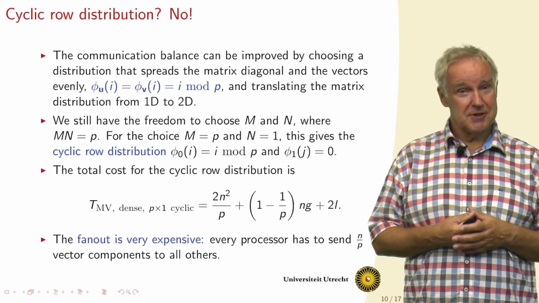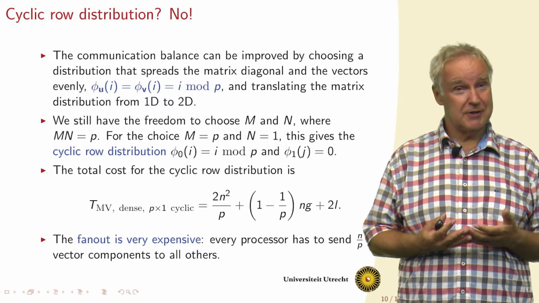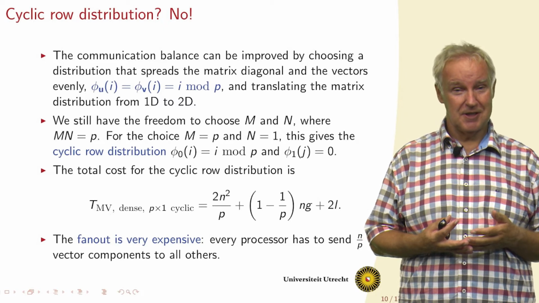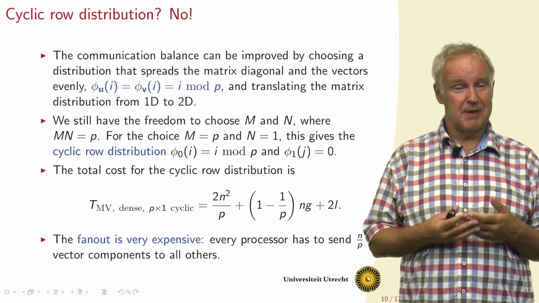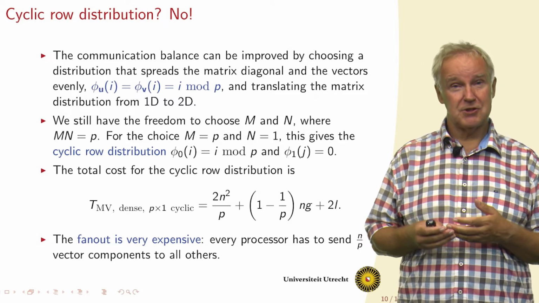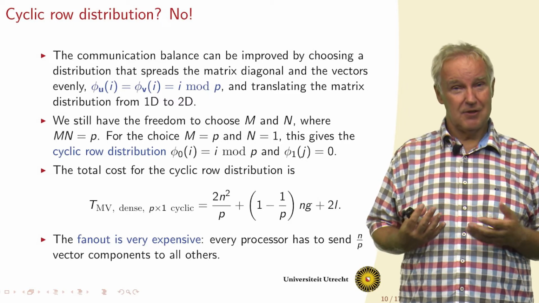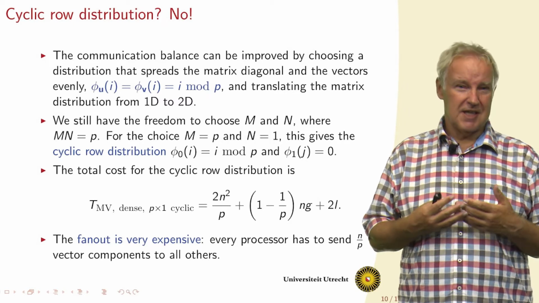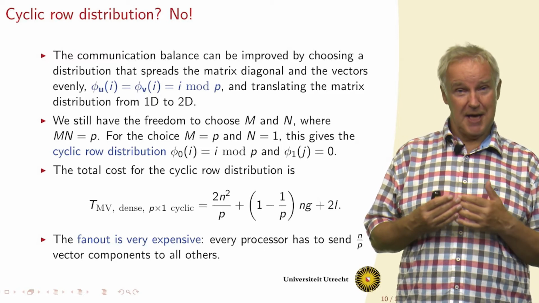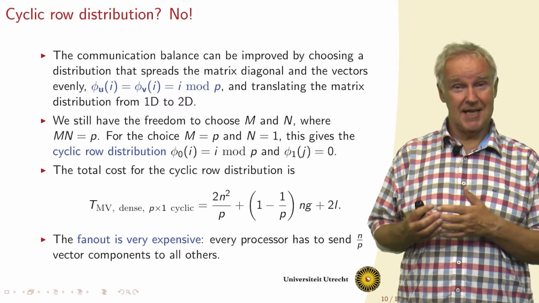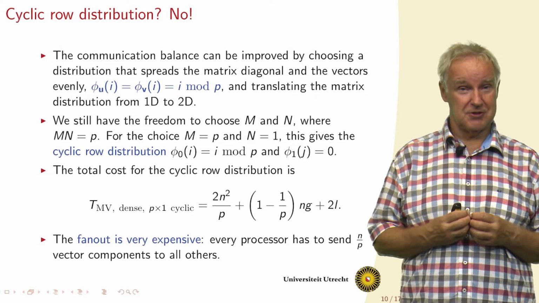So we need to distribute the matrix diagonal across all processors. We could do that, for example, by taking the cyclic distribution of the rows and of the vectors, by assigning phi(i) equals i modulo p. We still have a choice then for the m and n. Now, let's assume that we take a cyclic row distribution. That means m equals p and n equals 1. So the complete rows are assigned to processors.